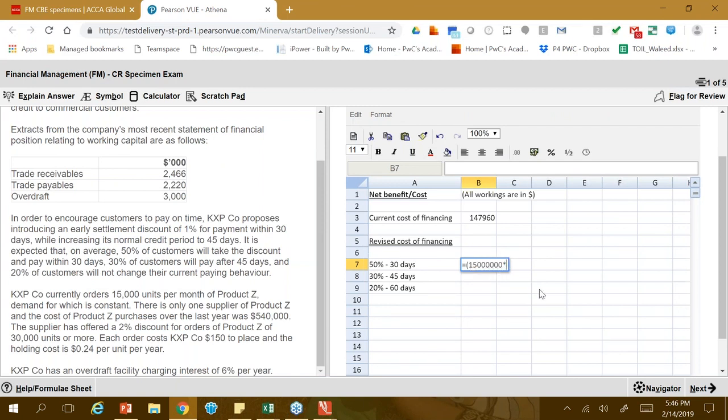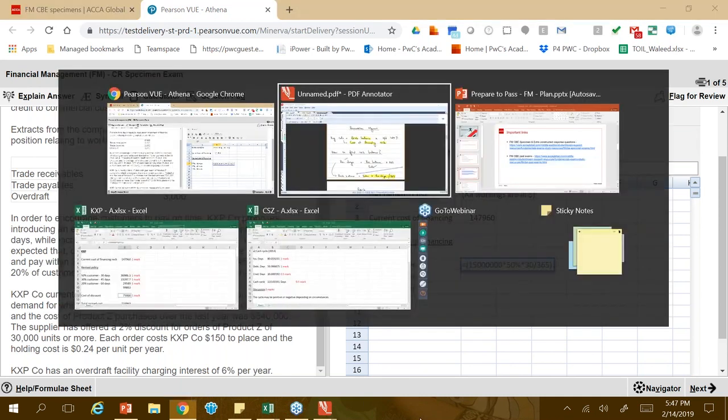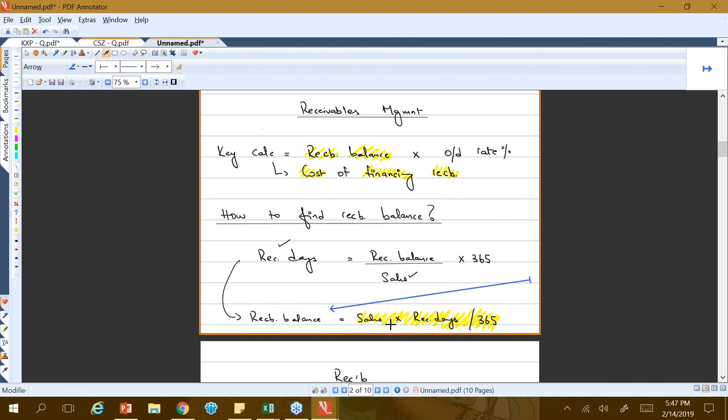How many customers will take the 30 days? Well, 50% customers will take the 30 days. Into how many days they will take? 30. What are the total days? 365. So what I've done here is the same working again. I've taken sales, thought about the proportion of customers who are going to take this offer, and then into the receivable days, which is 30, as these customers will take 30 days, over the 365.